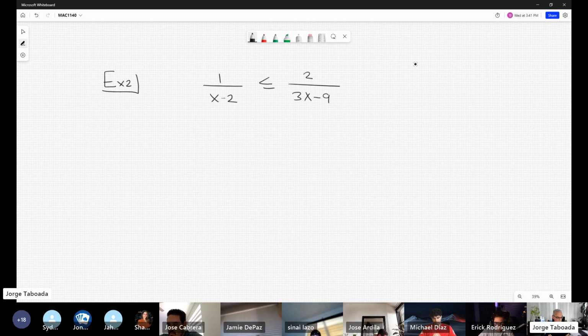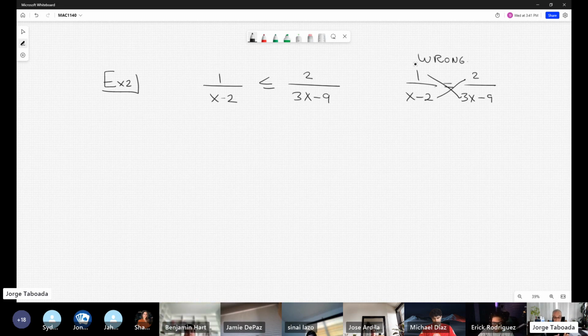Students and even tutors make the mistake of believing that this behaves like an equation, and make cross multiplication. This is wrong, because inequality is picky, inequality is sophisticated. Remember, when you multiply by a negative number, the symbol of the inequality is reversed.